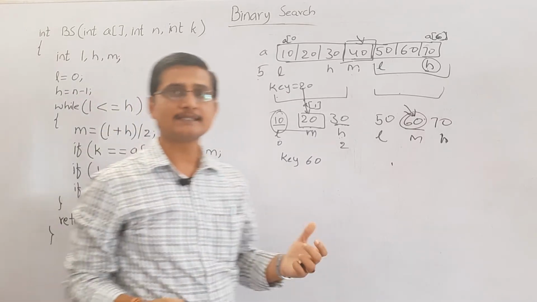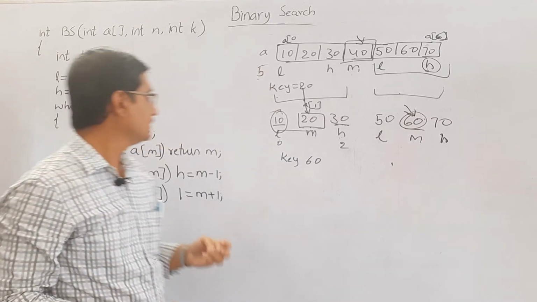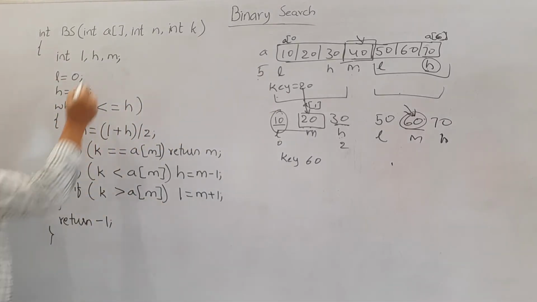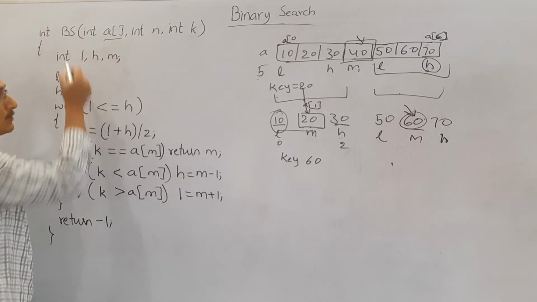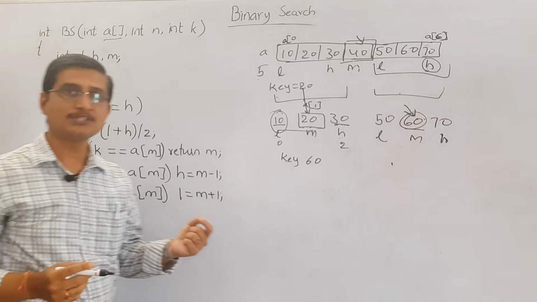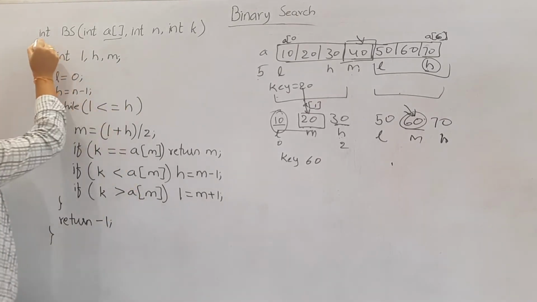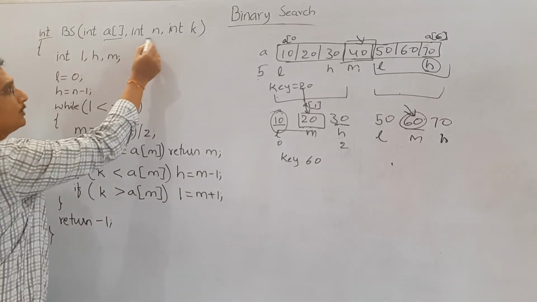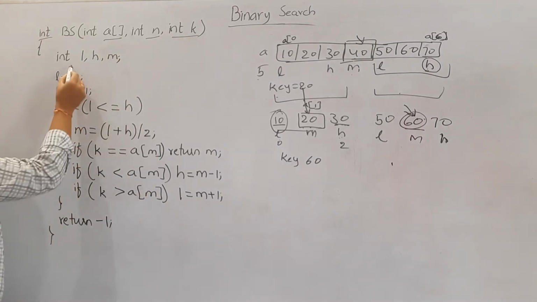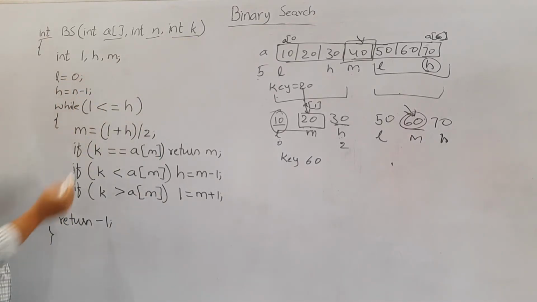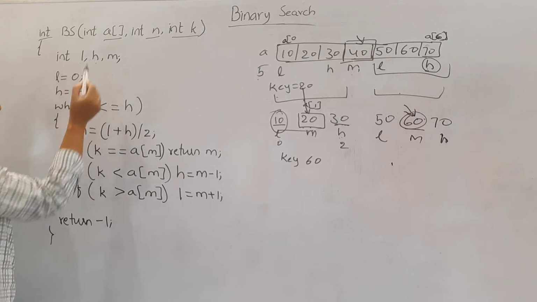Implementing this as code is very simple. We need to pass the array to a function, say binary search, and it is going to return the position of the element. So we take it as int, and we need to pass the number of elements and the key k. We need the low, high and mid variables.